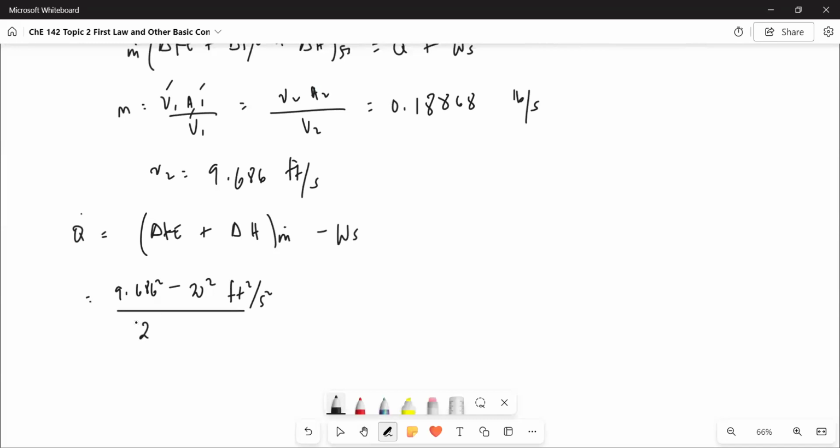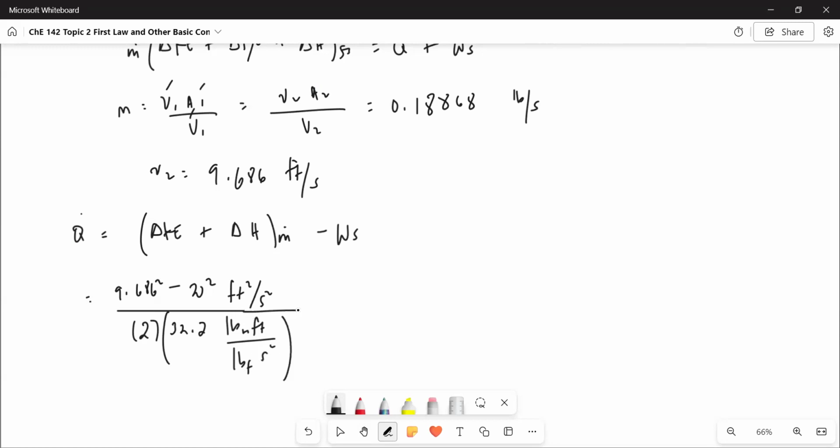So for British units, our conversion factor gc is 32.2. I hope you remember that. Okay, so pound mass foot per pound force second squared.